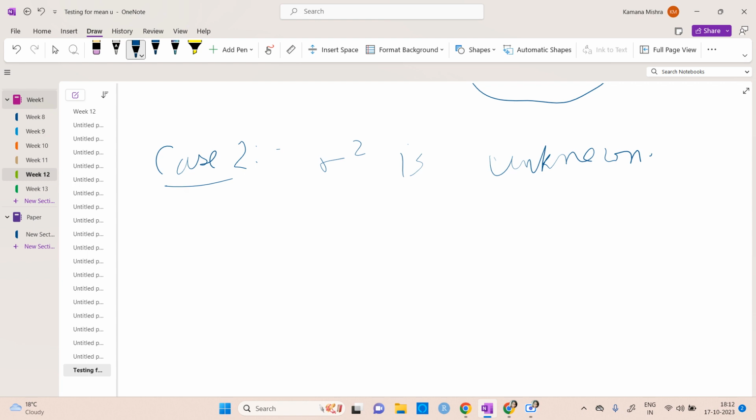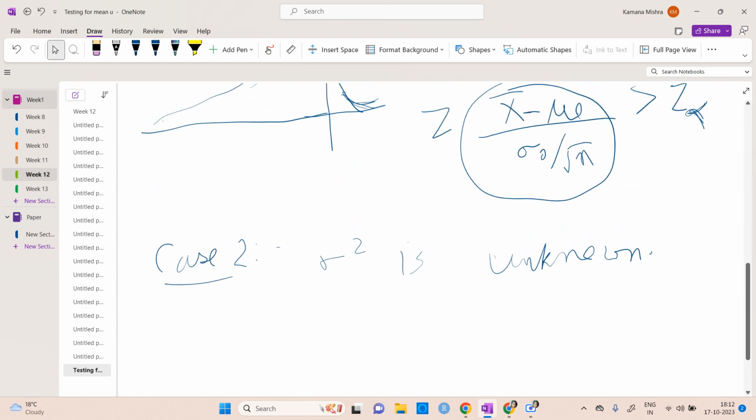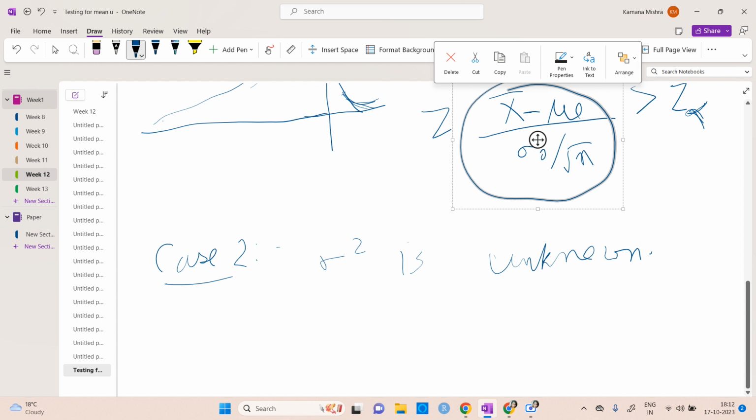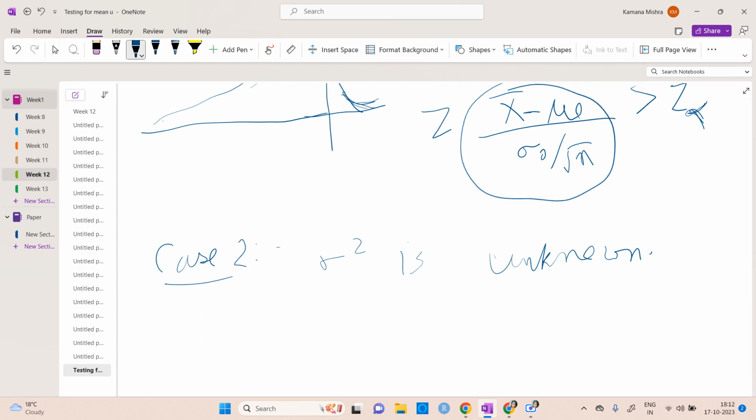So if sigma square is known, we use the z-test, and if it is unknown, we perform the t-test. Now you know how to write this statistic as z; we can also write it in terms of t. Since sigma square was known here, we have taken sigma naught.